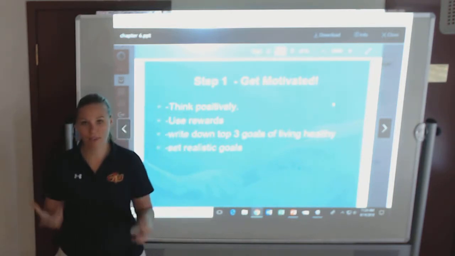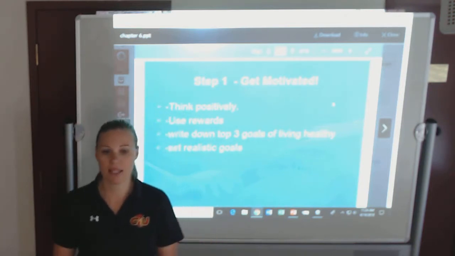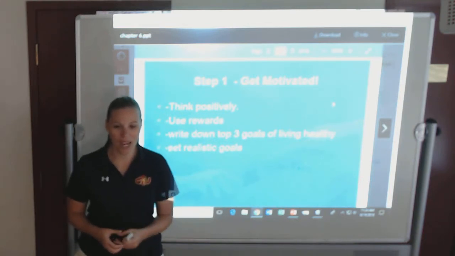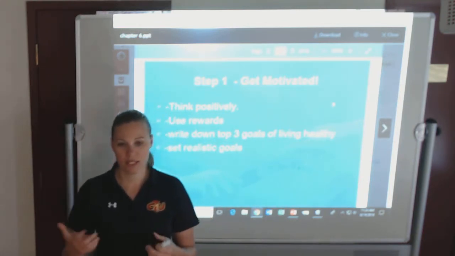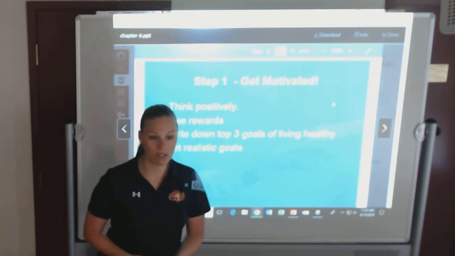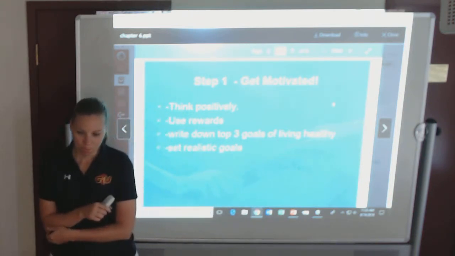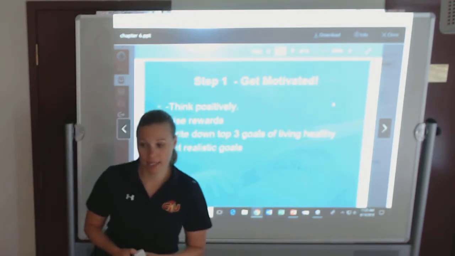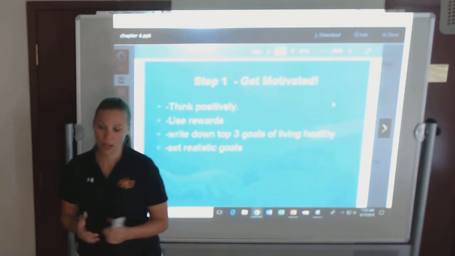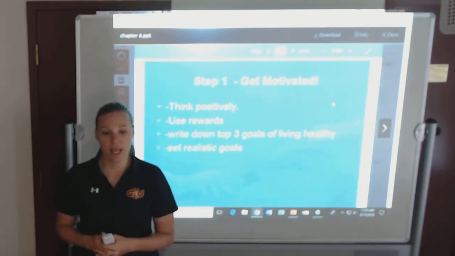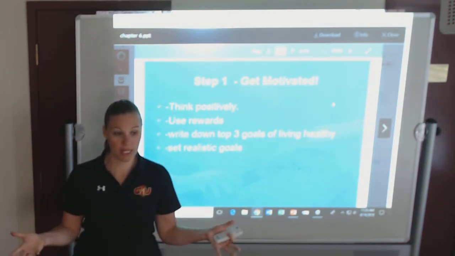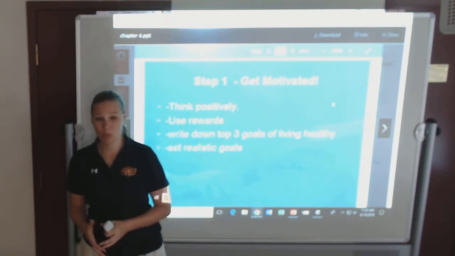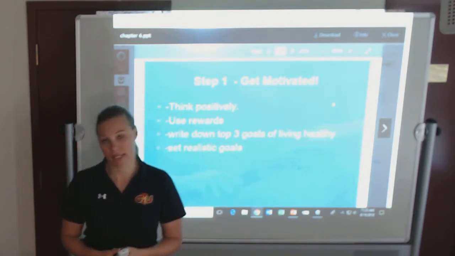Or if you have lost those 8 pounds, doing something that's really fun, that obviously doesn't cause you to gain any weight back as a result, but doing something that you enjoy, which might mean going to the movies, or going hiking, or doing something that you really enjoy. And it also could mean that if you've been running for a consistent amount of 8 weeks, you run in a 5K as a reward. Some people get highly motivated when they're able to participate in running activities such as that.